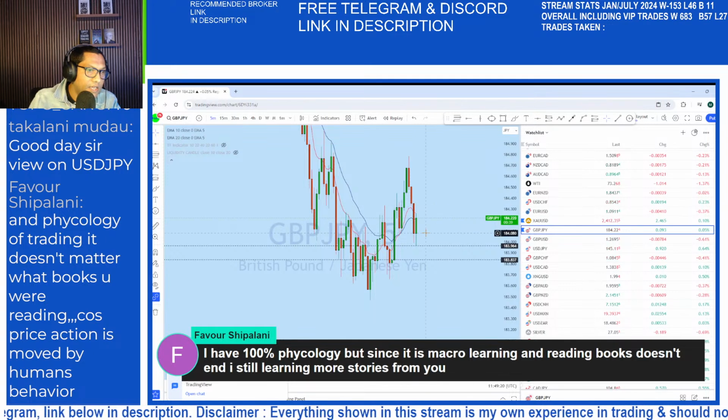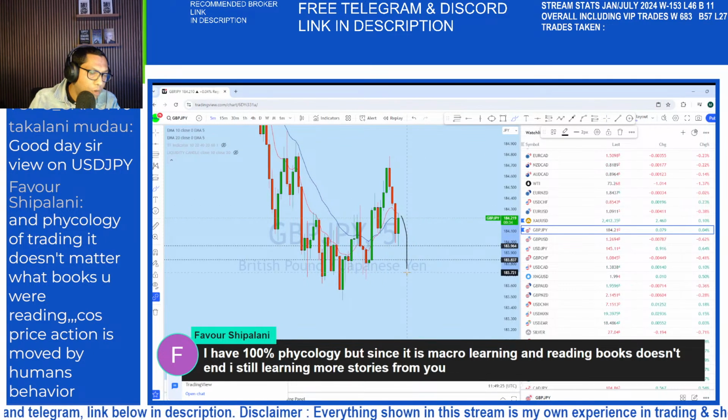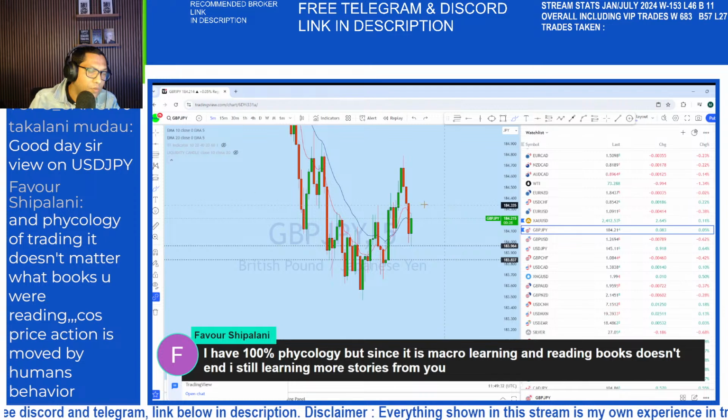Okay, let's see how the market is doing on GJ on the 5 minutes here. If it is dropping below and then having a rejection, we can look for a buying opportunity.